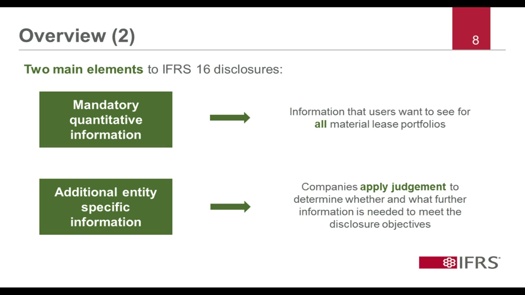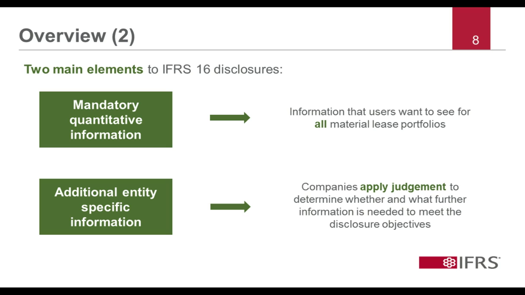It's important to note that unlike all of the mandatory quantitative disclosures we've been talking about, paragraph 59 in the standard about additional disclosures is not a list of required items that all lessees must disclose, but is instead an objectives-based requirement for a lessee to think about whether and what extra information is needed.